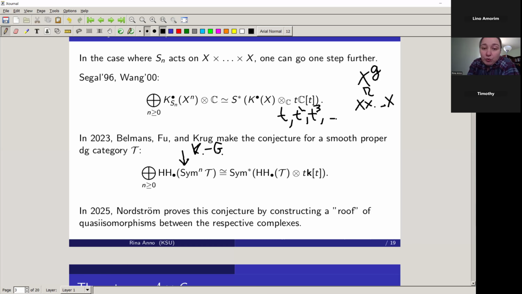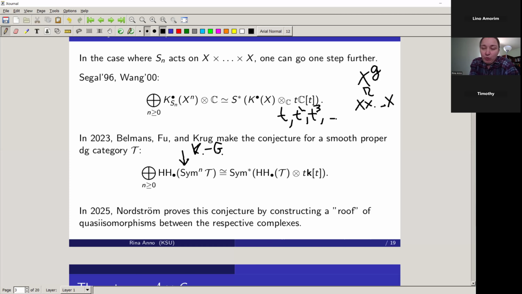And then as we were working on it last year, when our work was already basically complete and we were sending it to experts to look at, we discovered that Ville Nordstrom was also working on the same problem, proving the same conjecture.